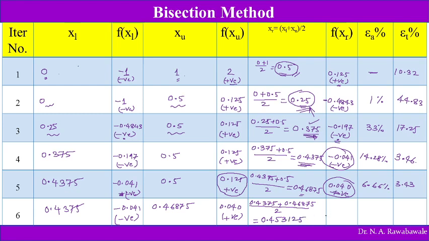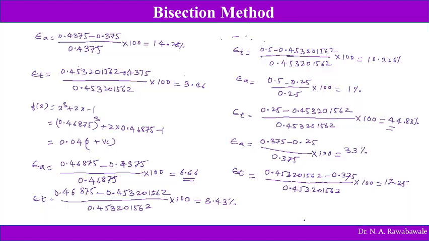This gives us 0.453125. If we substitute this in the function, f of x is equal to x to the power of 3 plus 2x minus 1, so 0.453125 to the power of 3 plus 2 into 0.453125 minus 1.